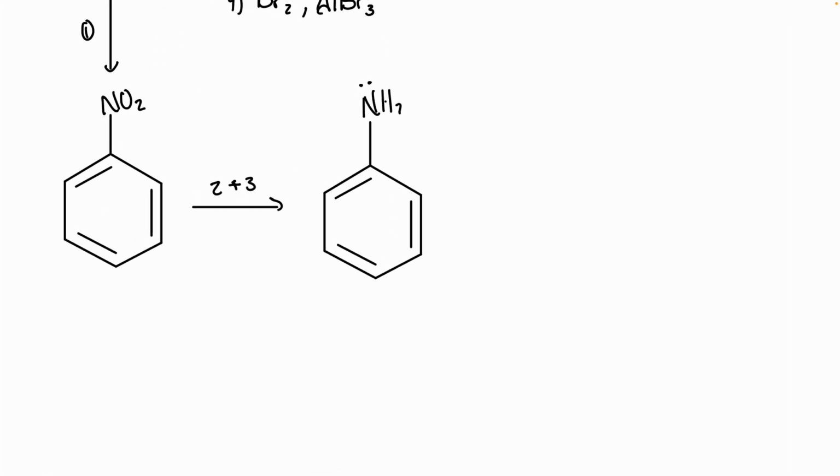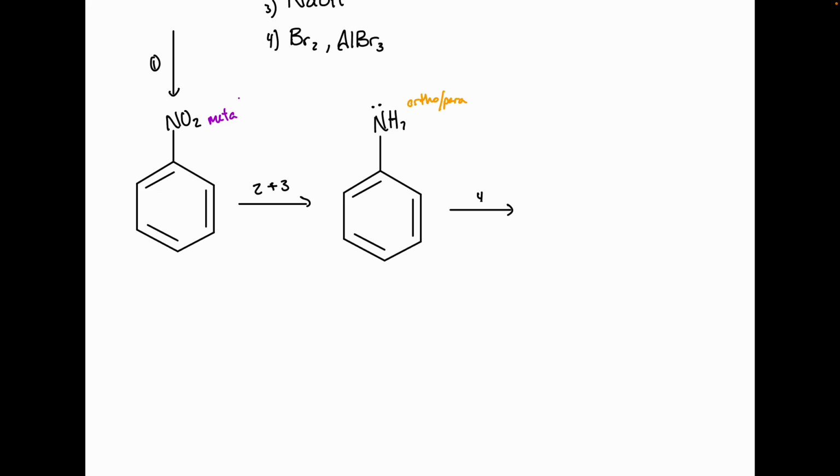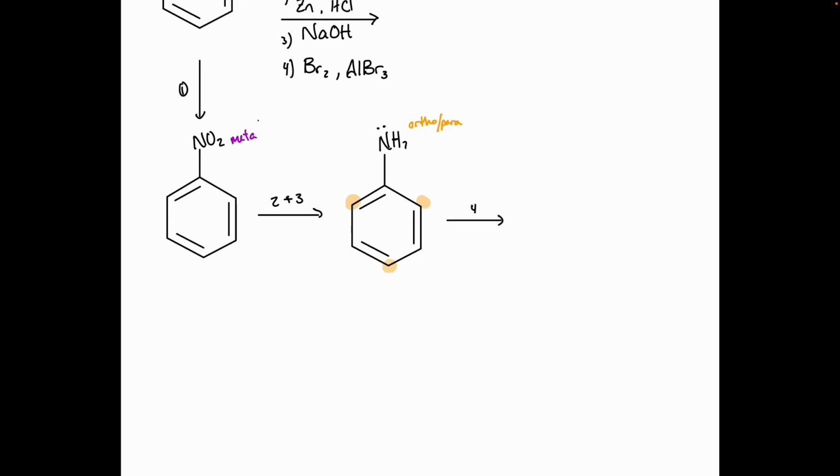All right, and even though my nitro group is a meta-director, when I do steps 2 and 3, I'm going to transform it into an ortho-para-director. So that when I do that final step, my bromination reaction, my bromine's going to be directed to the ortho and para positions.